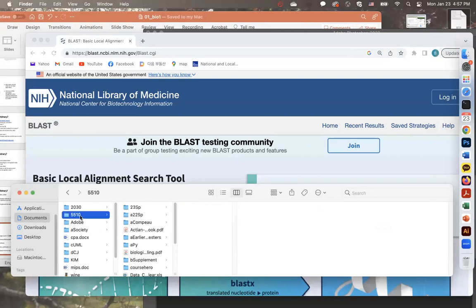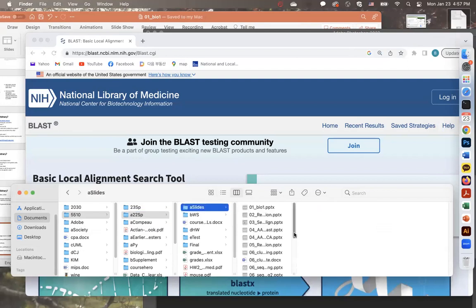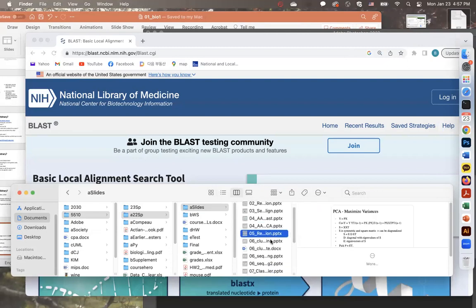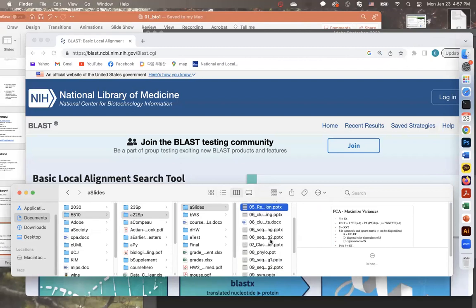What I can do is take a look at the other size. Add. Should get proteins, right?